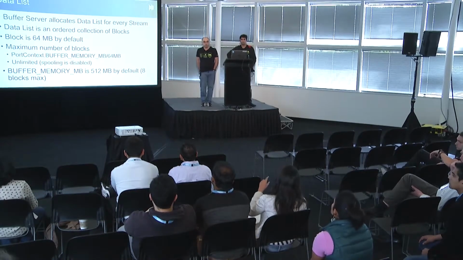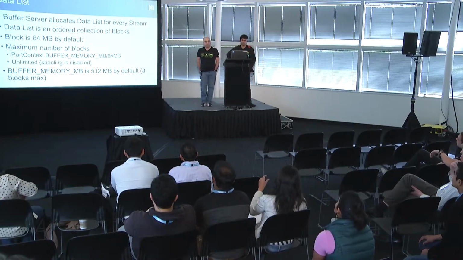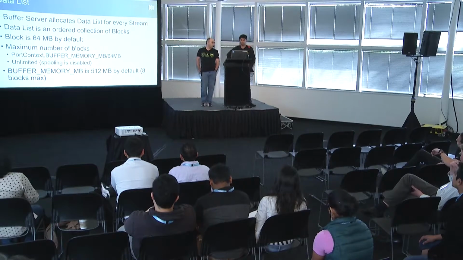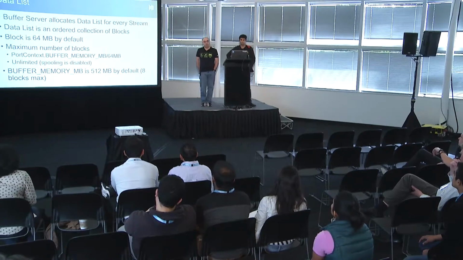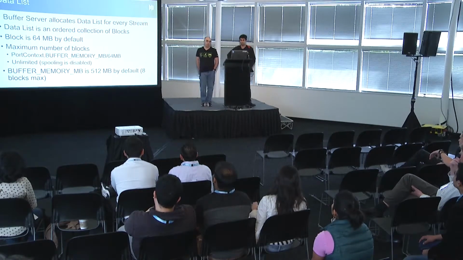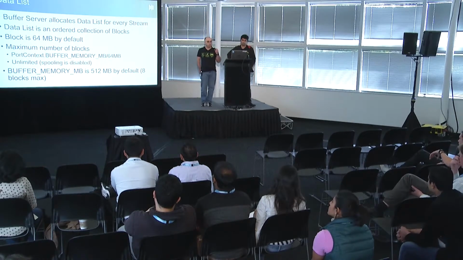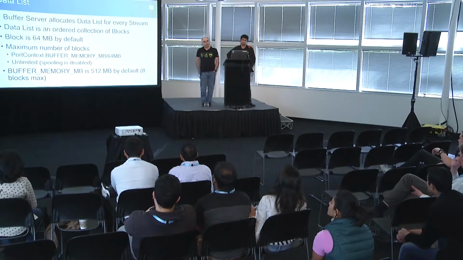So what is the minimum required for the buffer? Because one block is 64 MB, would just giving 64 MB work? If you reduce that amount, the buffer server will still allocate 8 blocks, but the size of the blocks will go down.